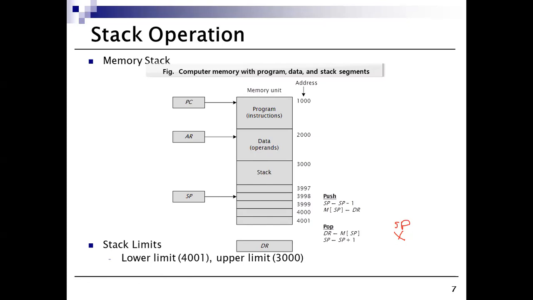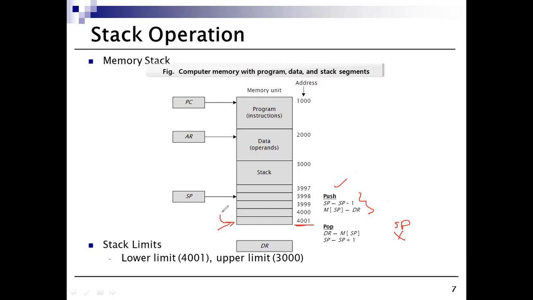Initially, in this example, I'm loading my stack pointer with 4001. Initially, my SP is at this location. SP is 4001. Now I want to perform a push operation. For the push operation, these two are the micro operations they have given.